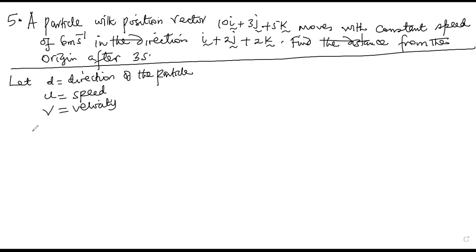Now, to get velocity, because they have given us speed and the direction of the particle, to get the real velocity, not the speed, we multiply u with d cap.